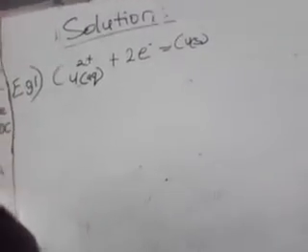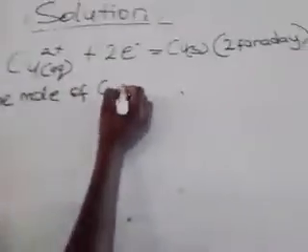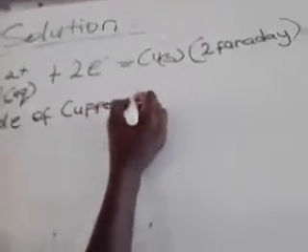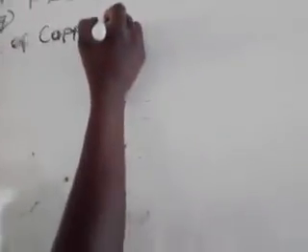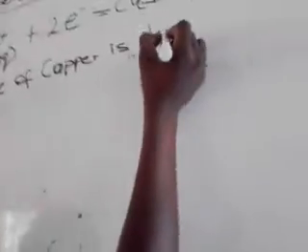Which means 2 Faradays are required for the discharge of 1 mole of copper. 1 mole of copper is deposited by 2 Faradays. And we have been given the molar mass of copper as 63.5 grams per mole.